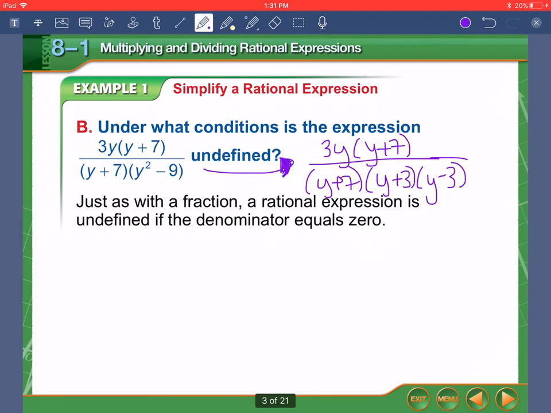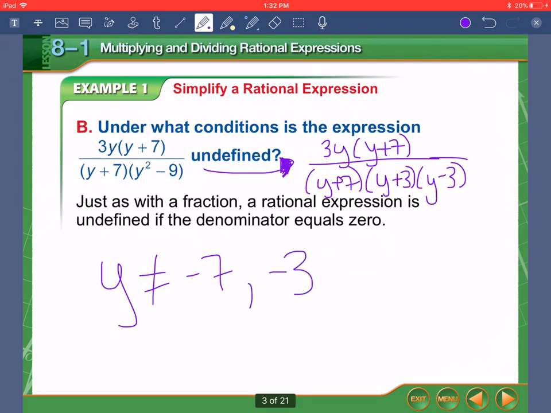But I'm going to look at my denominator and see what values, if I plugged in for y, would make the denominator 0. So y cannot equal negative 7. Because if I were to plug in negative 7 for y, I would do negative 7 plus 7, which is 0. And then it doesn't matter what anything else is. When you multiply by 0, you get 0. So y can't equal negative 7.